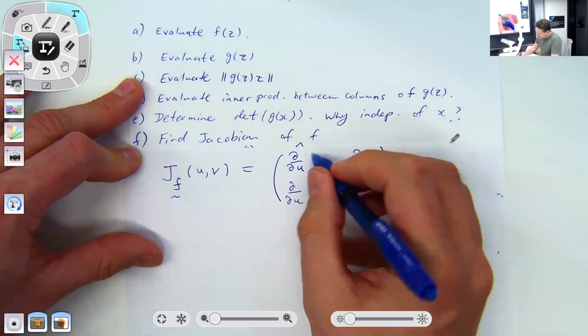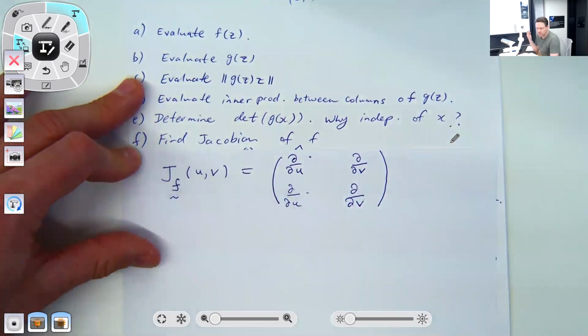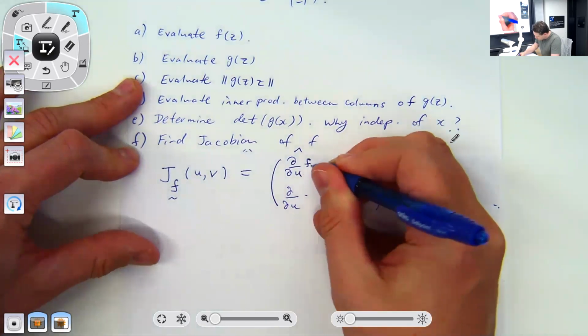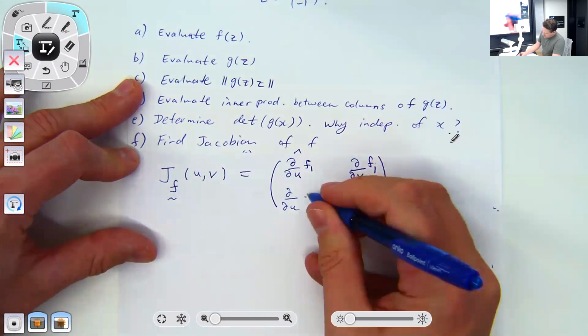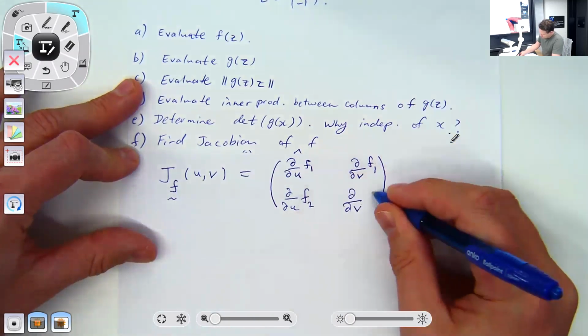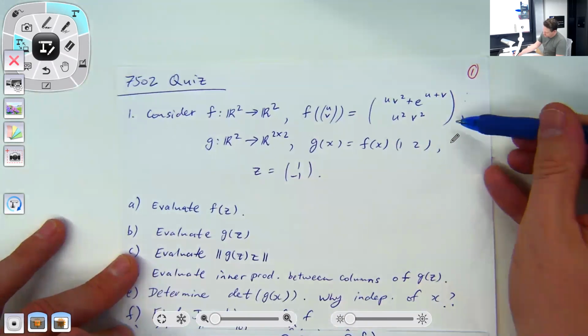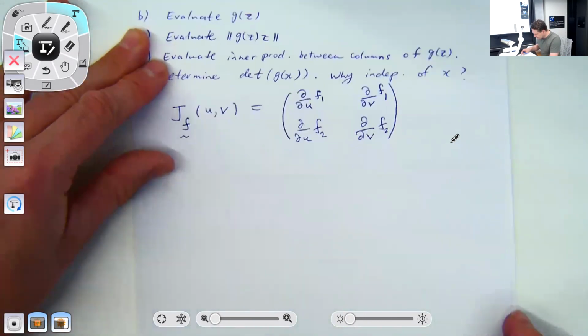In each of these places I've got to take the partial derivative of something that comes from the F. The first component goes up there, and then the second component, where here's my F1, here's my F2.